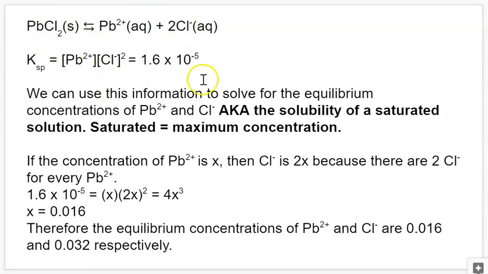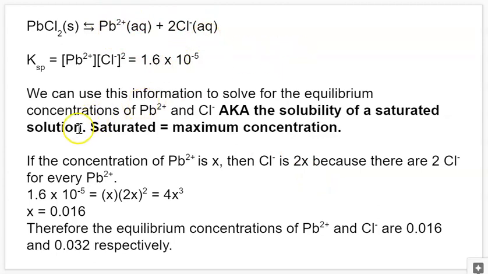And we can calculate what the maximum solubility of those ions are going to be, what their saturated ionic concentrations are going to be. And we could do that by setting up an equilibrium expression or a Ksp expression. And if we imagine that the lead ions are X, we can imagine that chloride is going to be 2X, because for every one lead ion, there's going to be 2 chloride ions.